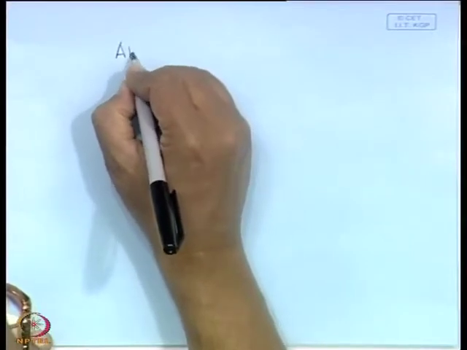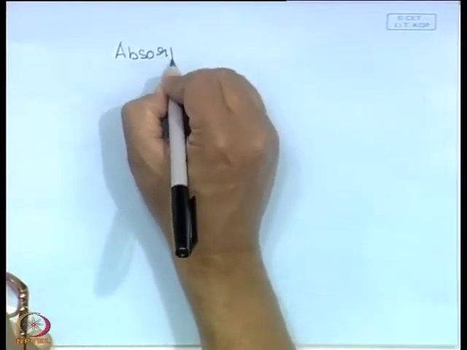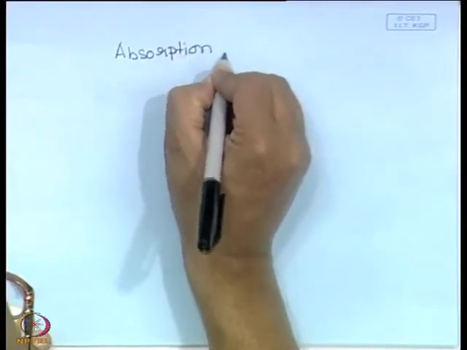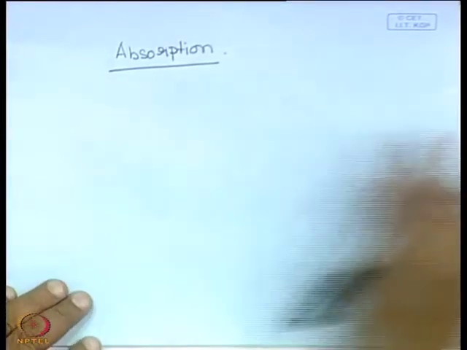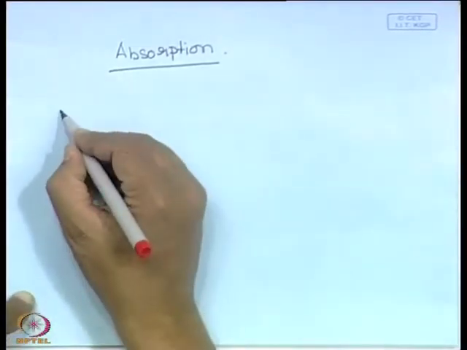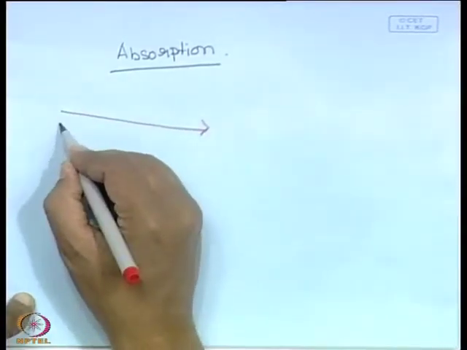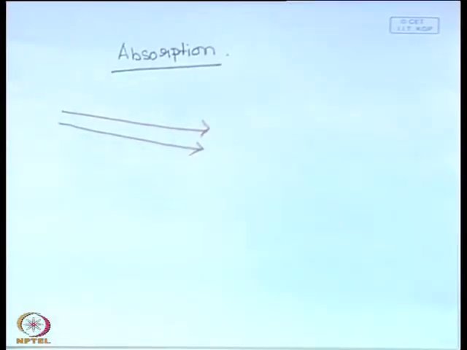Let us now quantify the absorption. That is the other possible process. So, we are looking at absorption next. Okay, that is the next thing of our interest. And here we have the same thing, we have a ray which is propagating, and it goes through a medium.